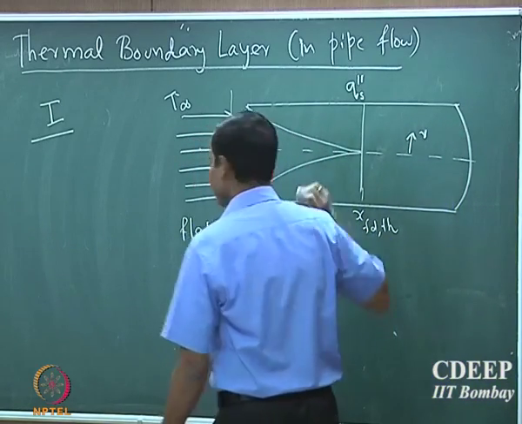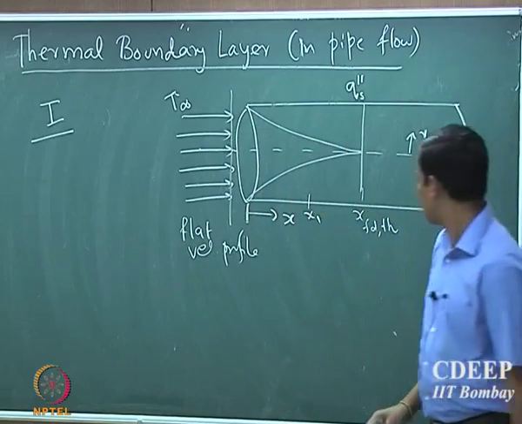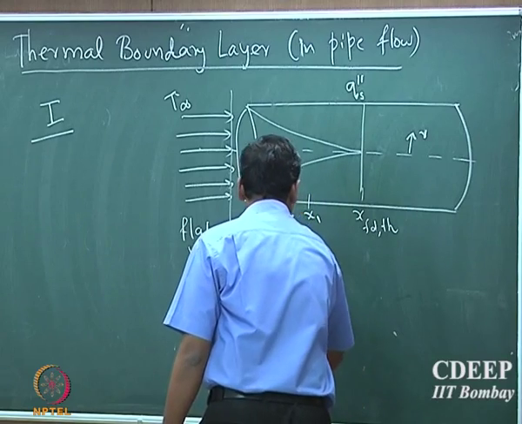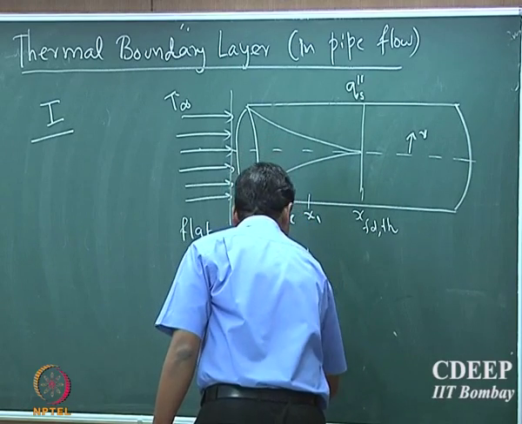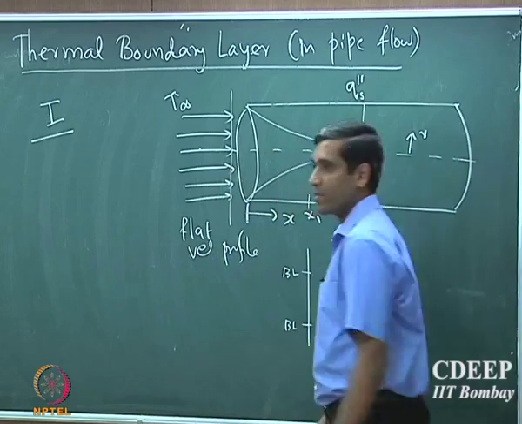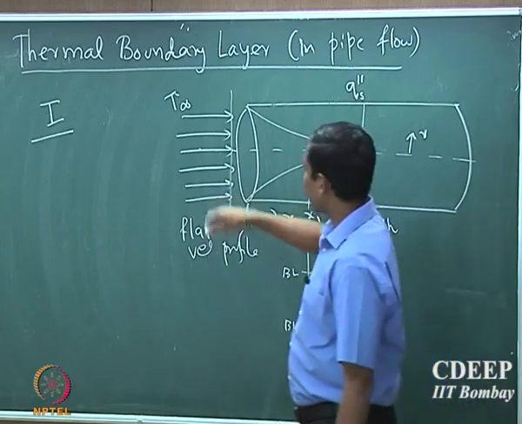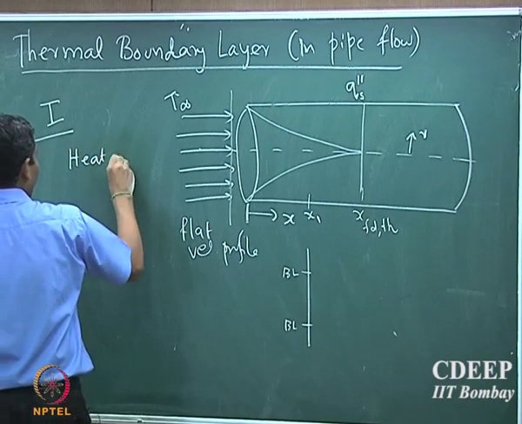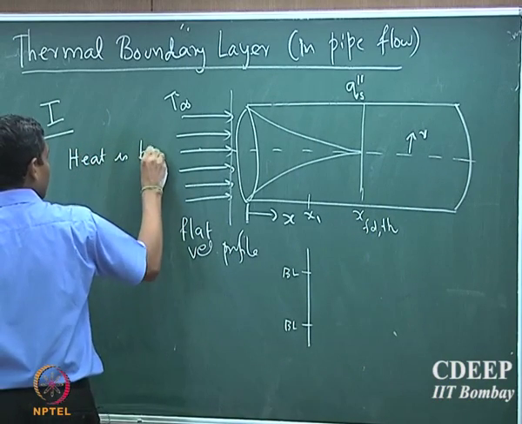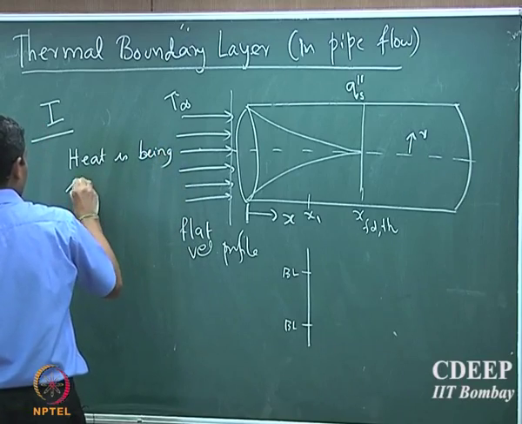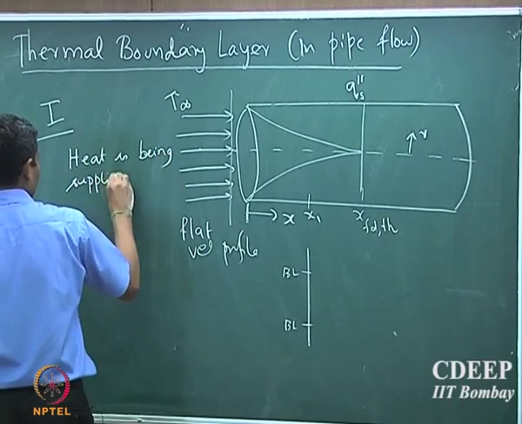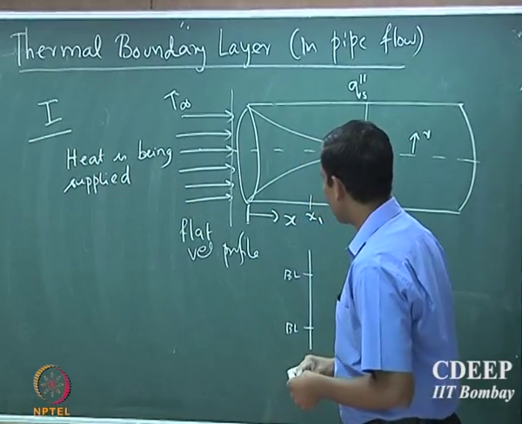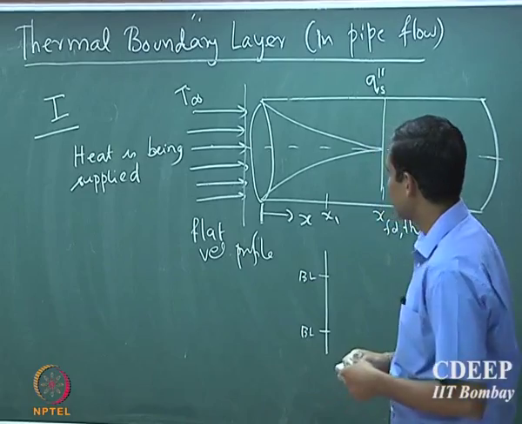Suppose I take x1. Okay. So I want to draw the temperature profile. So let's say that this is the boundary layer location. Okay. And the temperature, if I assume that the heat is being supplied to the fluid, okay.